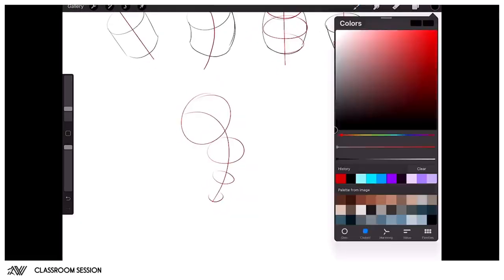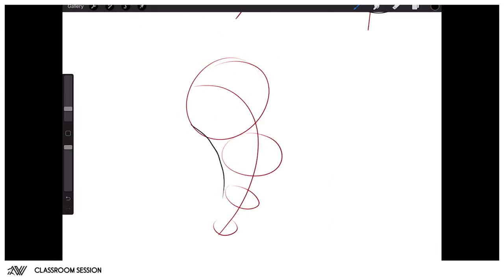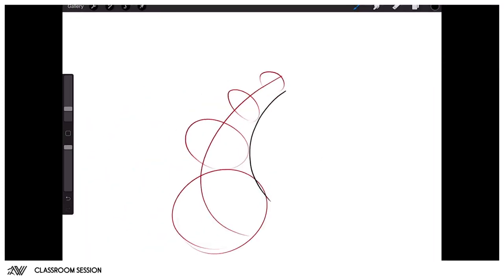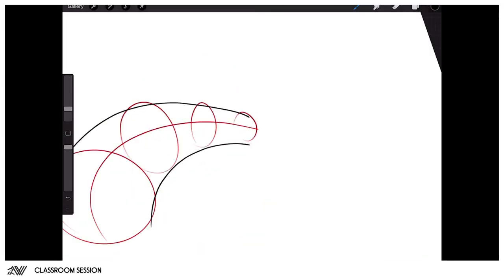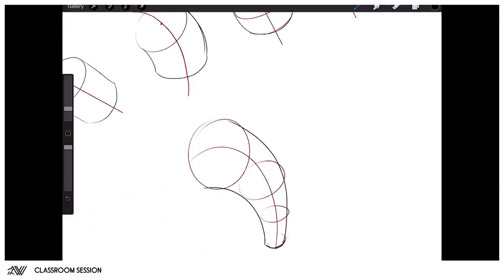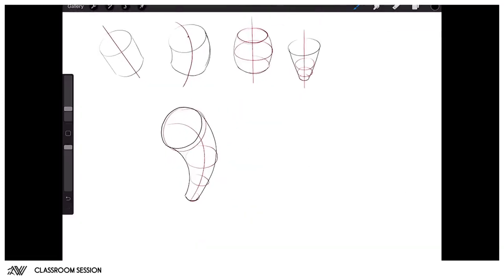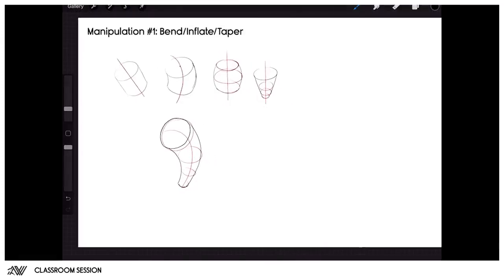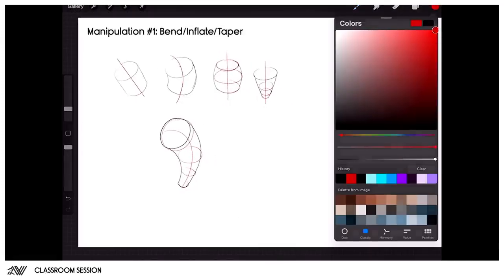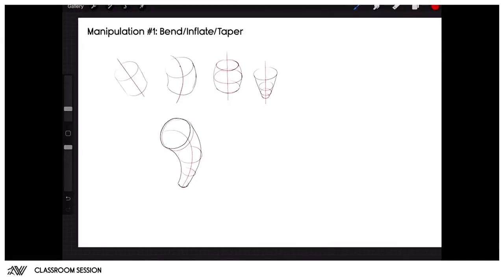And then if we connect those, just going to turn my screen. We get that resulting bent tapered cylinder. Okay, and that's basically how I would advise you guys to think about these manipulated forms.